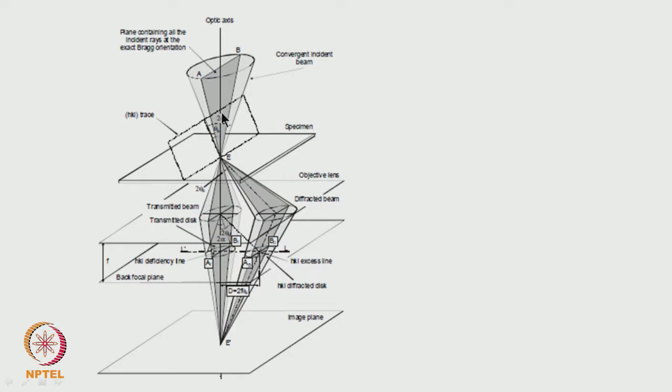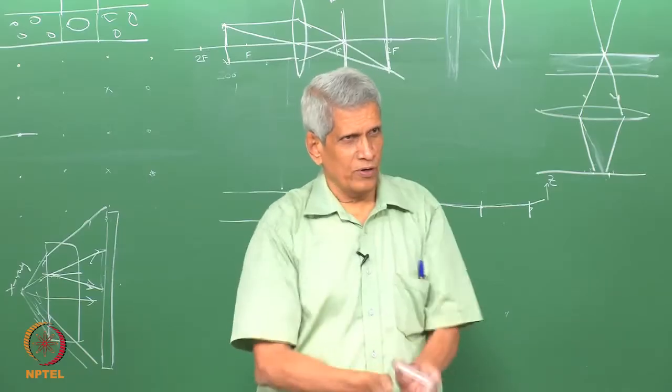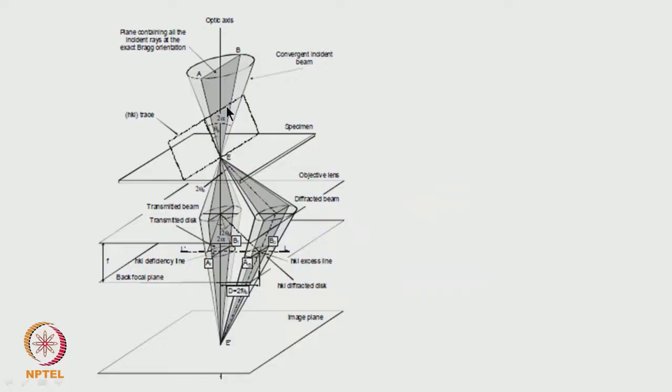See, here I have taken a case. The same ray diagram which is being shown, it is a beam which is convergent onto a sample. It is a cone, and the angle of the cone is such that it is larger than the Bragg angle for some planes which are parallel to it. If it is larger than the Bragg angle, what will happen is you will be getting an intensity of the spots.